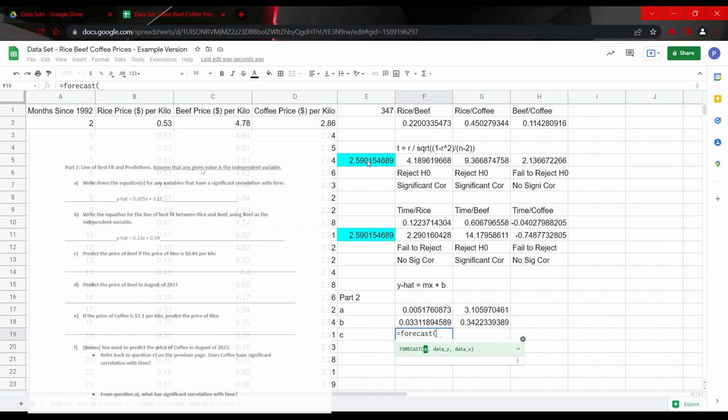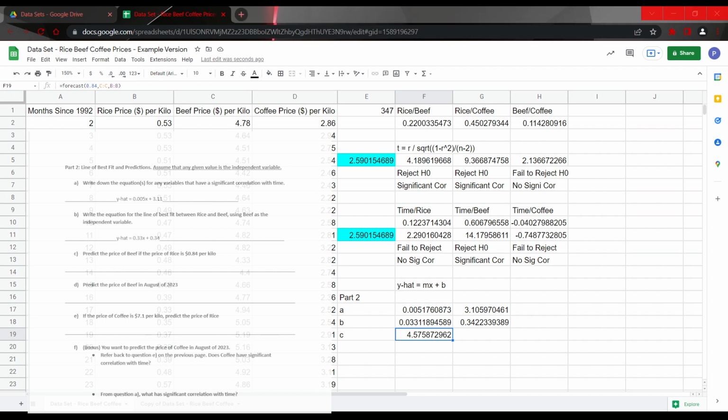Assume that any given value is the independent variable. And so my given value is 0.84. That is rice. And so rice is independent. That means that the dependent variable is beef. So beef, rice. And so when rice is $0.84 per kilo, the price of beef is about $4.58.